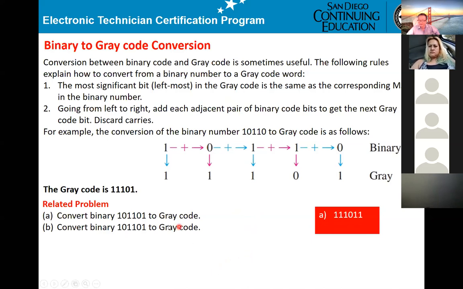Perfect. Next, easy one. A, B same. 11101. B the same. Great question. Converting binary to gray code, okay?